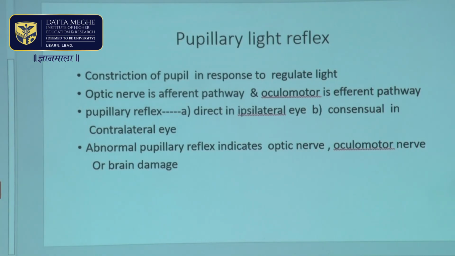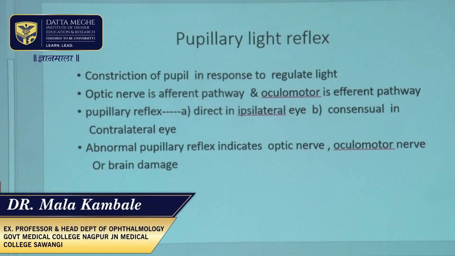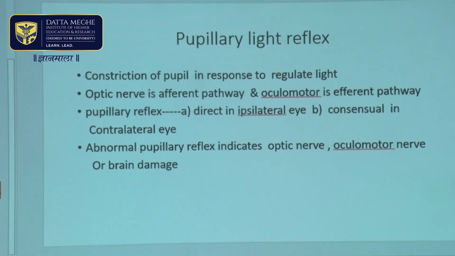But the other eye also shows a constriction of the pupil. So, in spite of non-stimulation, the pupil of the other eye also constricts, and this we call a consensual reaction in the contralateral eye, and this is because of the crossing of the nasal fibers in the optic chiasma.